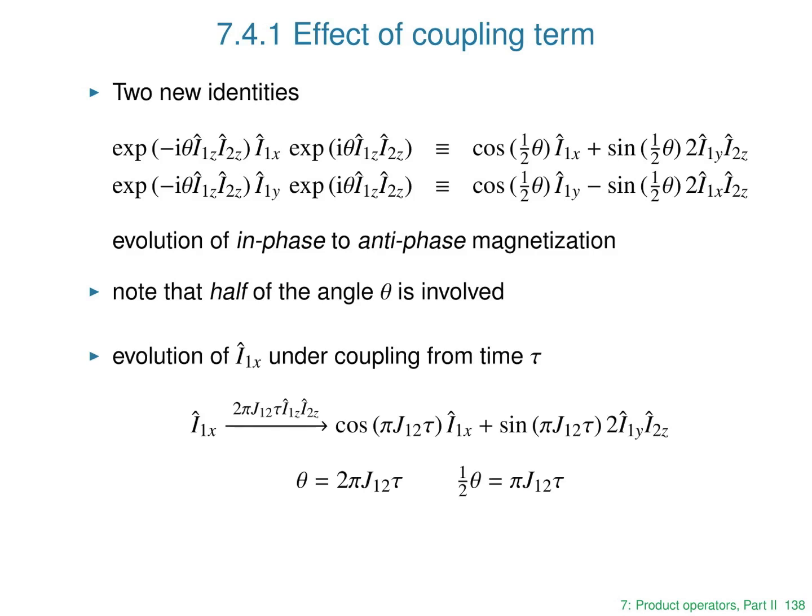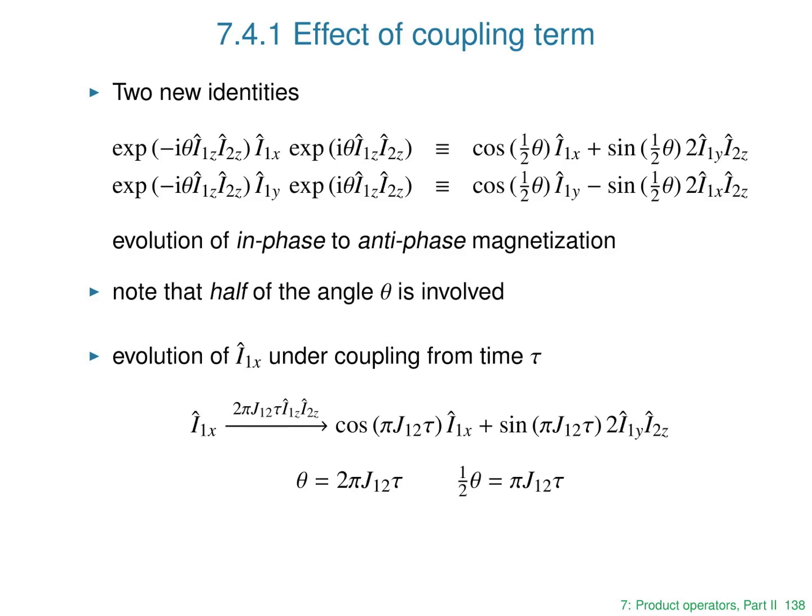So to take an example, if I start with I1x and I allow it to evolve for the coupling for a time tau, over the arrow I write H times tau, so that's 2 pi J I1z I2z times tau. And I realize that all I need to do is to use the first identity and put theta equal to 2 pi J tau.